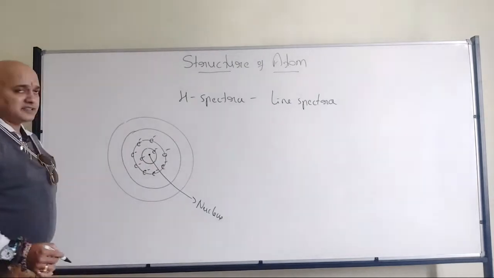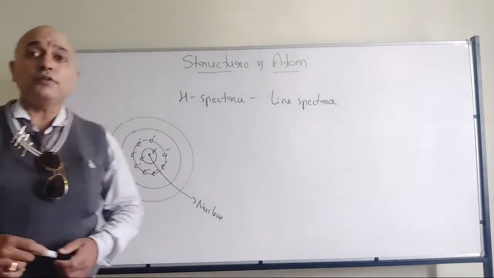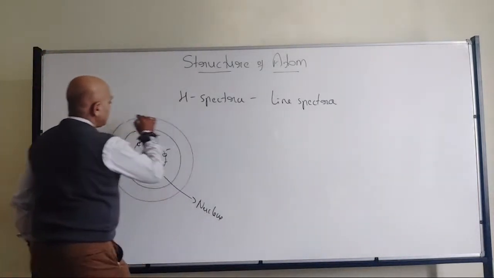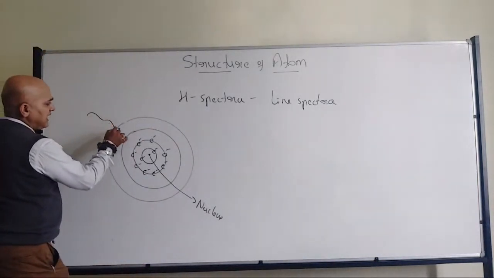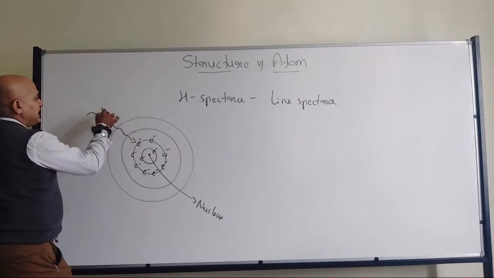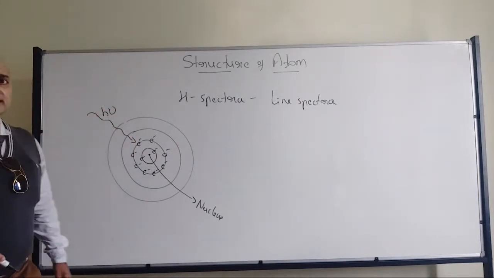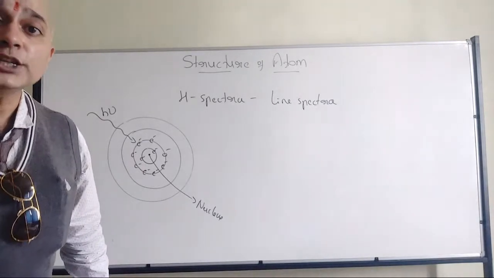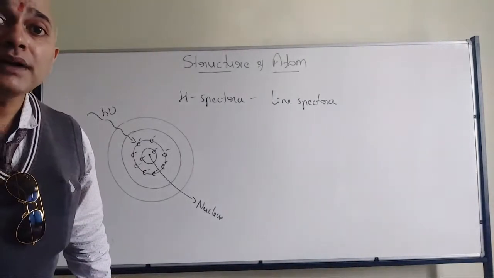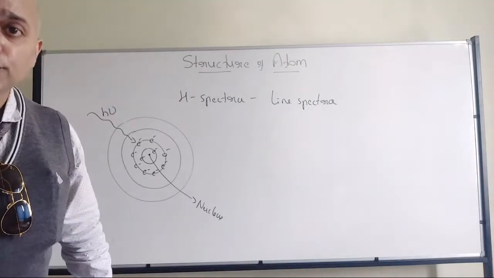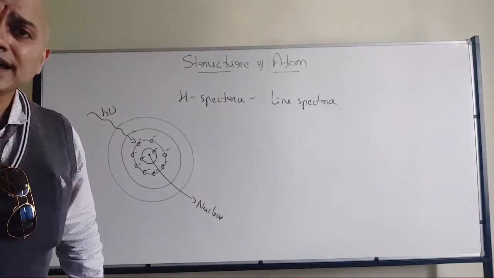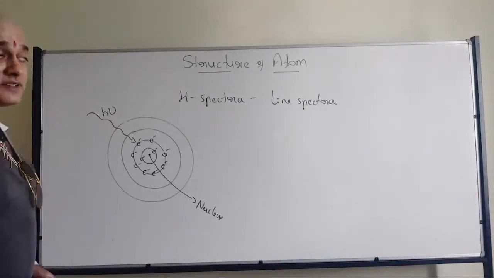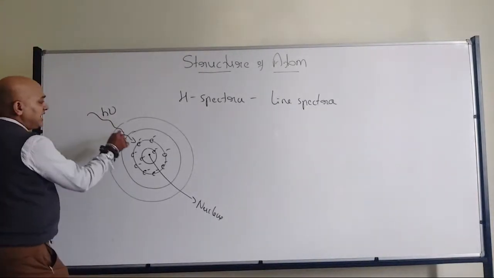Now, what will happen whenever we are passing the radiation or providing the energy? I will write it as h nu. Light or h nu, because light is made up of energy packets. What do you mean by energy? E is equal to h nu. So either you can write it as light or h nu, like energy packets. Okay? So I have supplied the light.